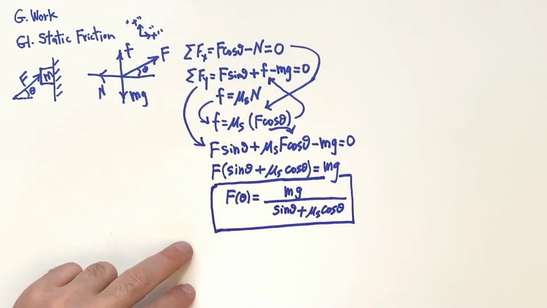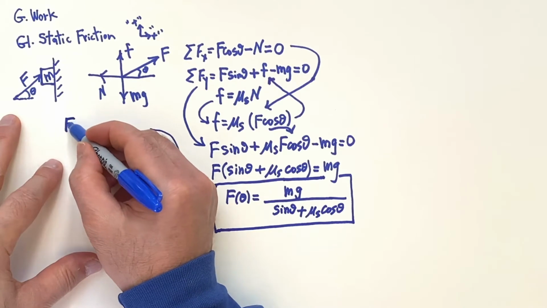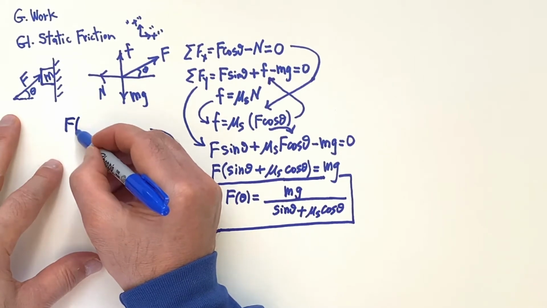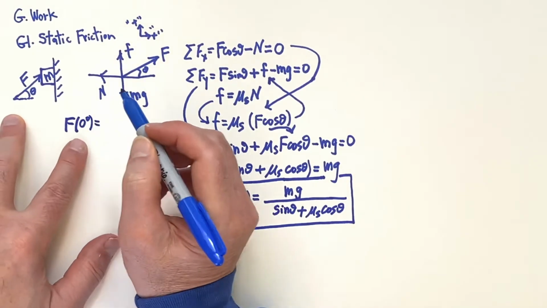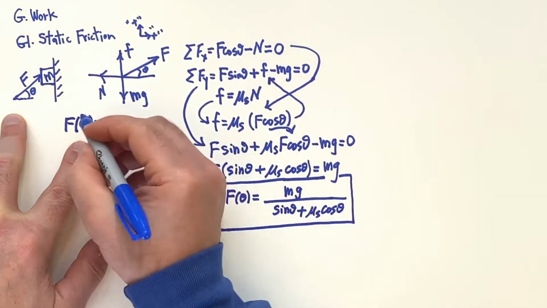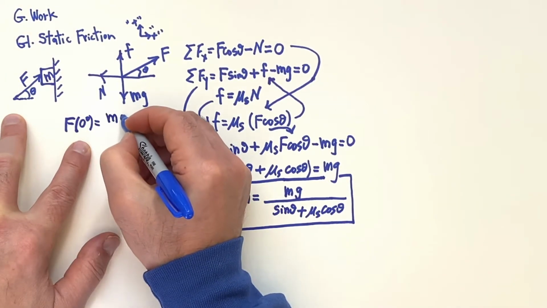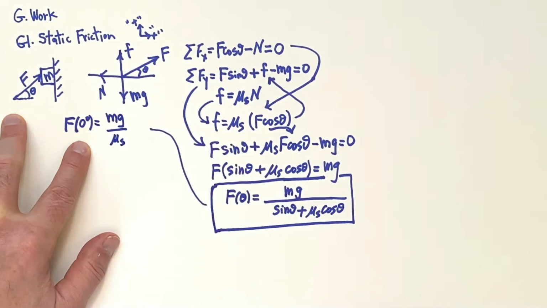Notice that if we look at a case where the angle is, say, I like to look at extreme cases, say 0 degrees, then the sine of 0 is 0, and the cosine is 1, so you would get mg over mu s.